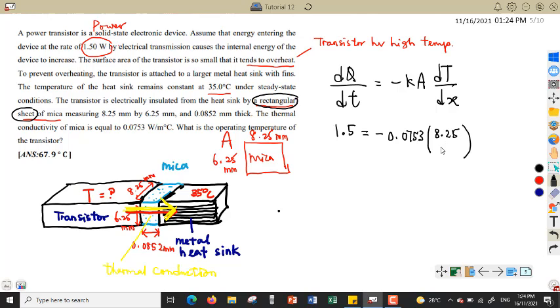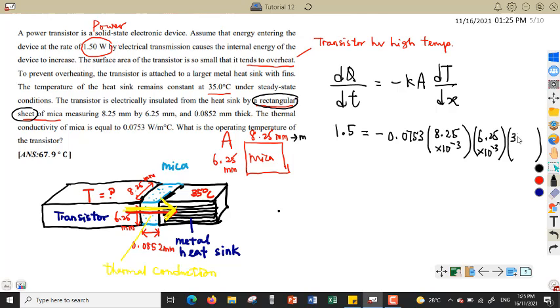So we have 8.25 times 10 to the power of negative 3, millimeter changed to meter, multiplied with the other side, 6.25 times 10 to the power of negative 3. So we get the area for the rectangular sheet of nickel. Then the temperature difference will be the temperature of the metal heat sink and the temperature of the transistor.